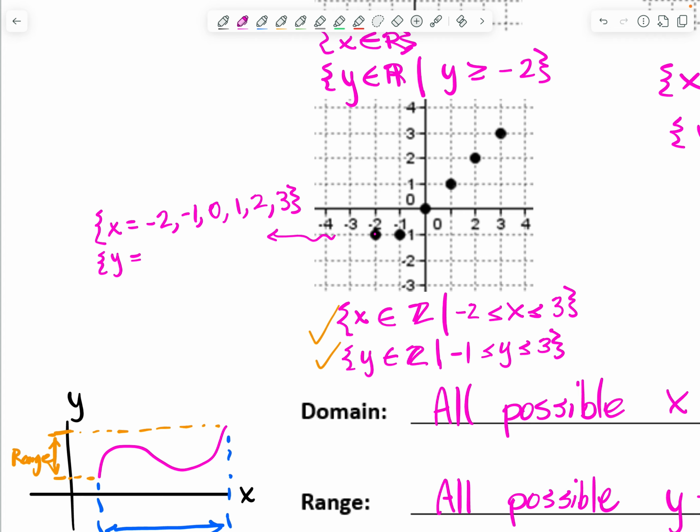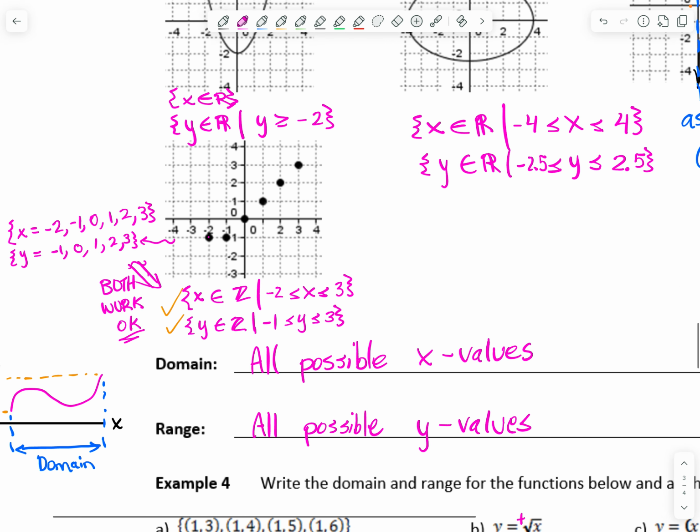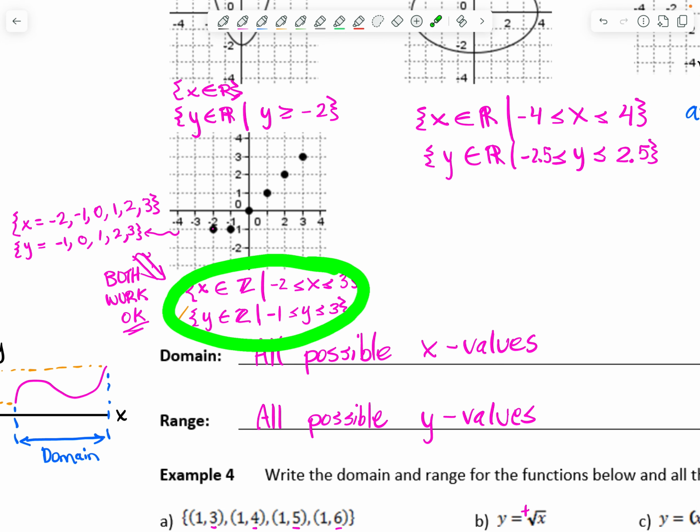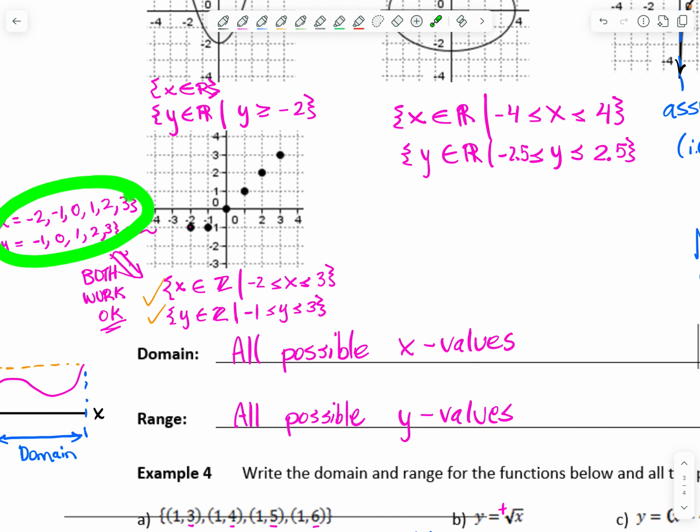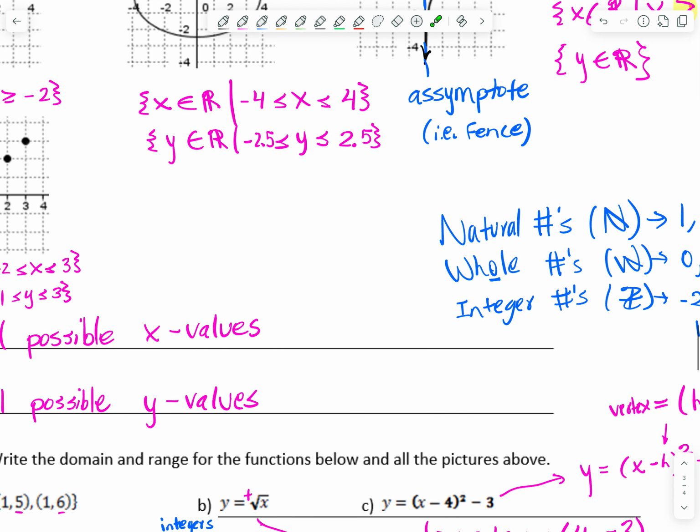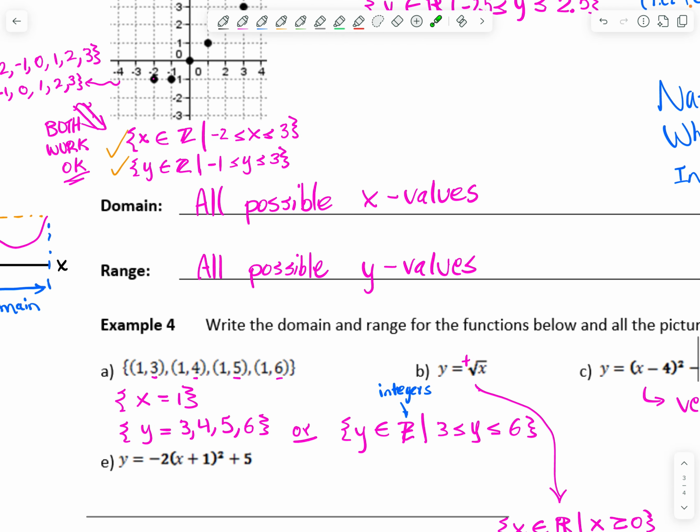And if I list them out this way, for y, I could say it's -1, 0, 1, 2, and 3. Okay, so that would work perfectly fine as well. Both work, so you could pick any one you like. Sometimes this is more convenient because you're writing less, but this sometimes is easier to see, so both are acceptable. Okay, cool. We defined what domain and range were.